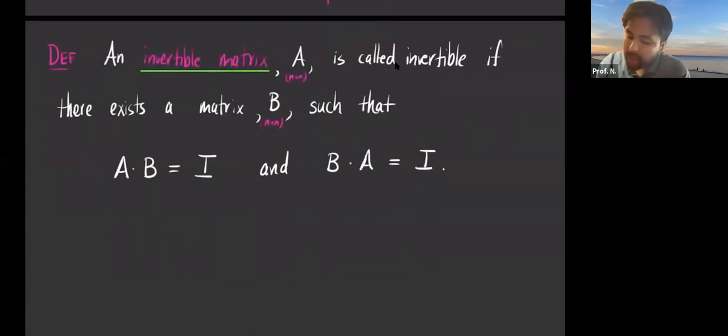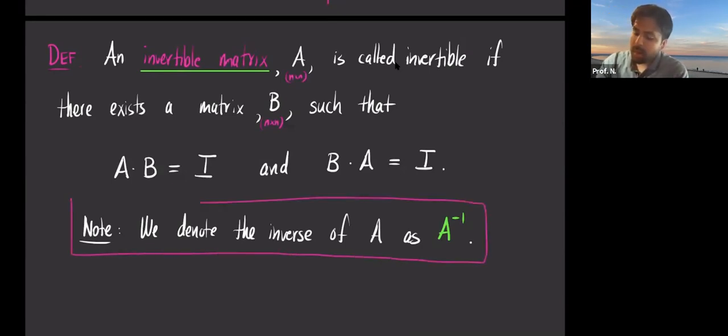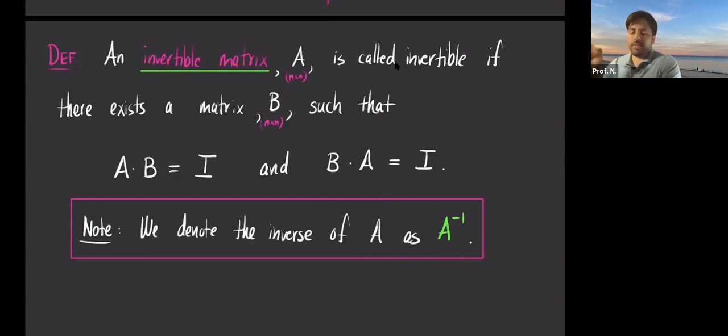Note, we denote the inverse of A as A to the negative one. This is not a power, it's just notation for matrices. When you have an A with a -1 as a superscript, that indicates inverse.